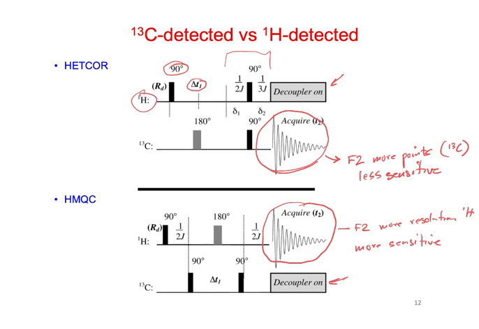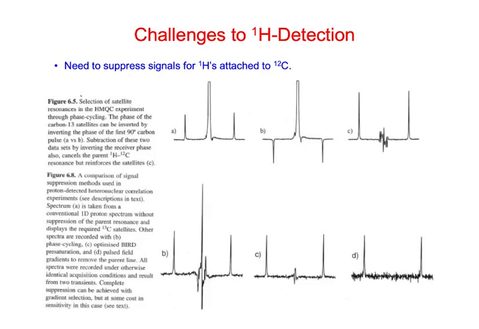And so most of the signal is going to be protons that are attached to C12, right? We want to look at the interaction to C13. So the challenge is that we need to suppress the signals for the protons that are attached to C12.